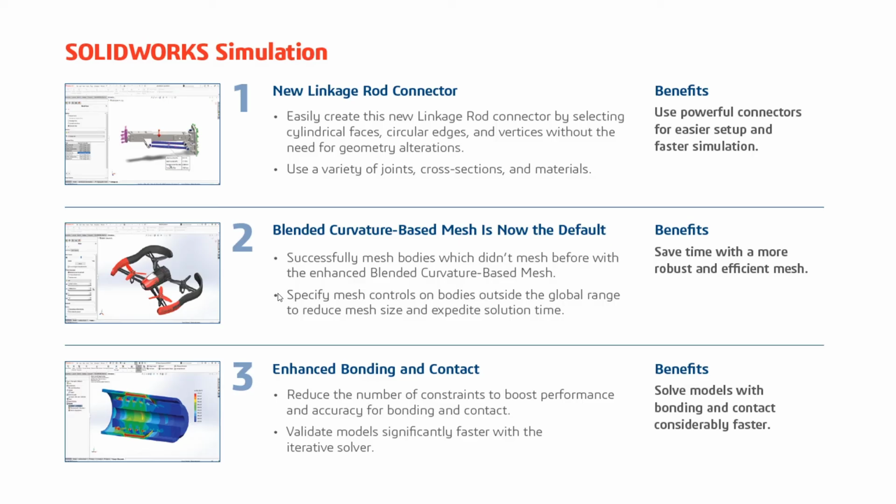Now to summarize everything, I'll just have a short overview here. In SOLIDWORKS simulation, we have a linkage rod which will help us to use a powerful connector for easier setup and faster simulation. We have the blended curvature based mesh as default, which will help us to save time with efficient mesh. Enhanced bonding and contact, which will solve the models with bonding and contact considerably faster.